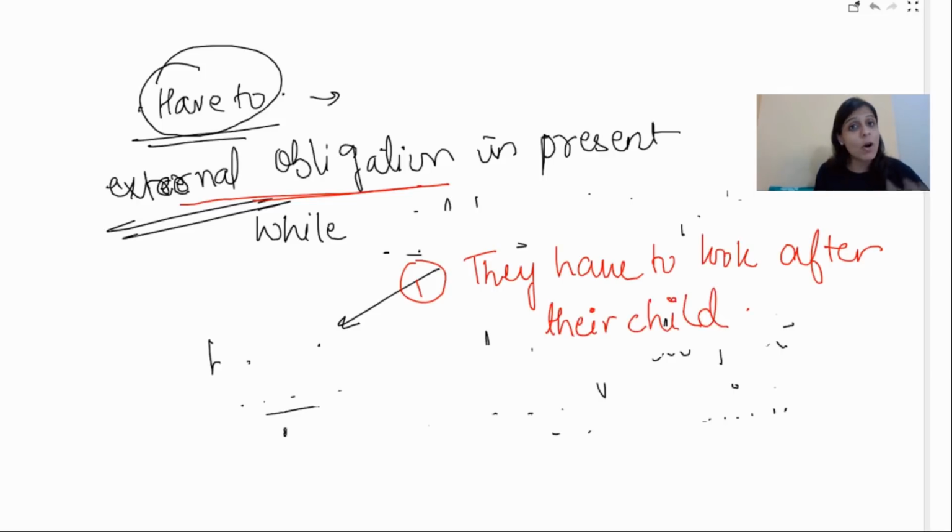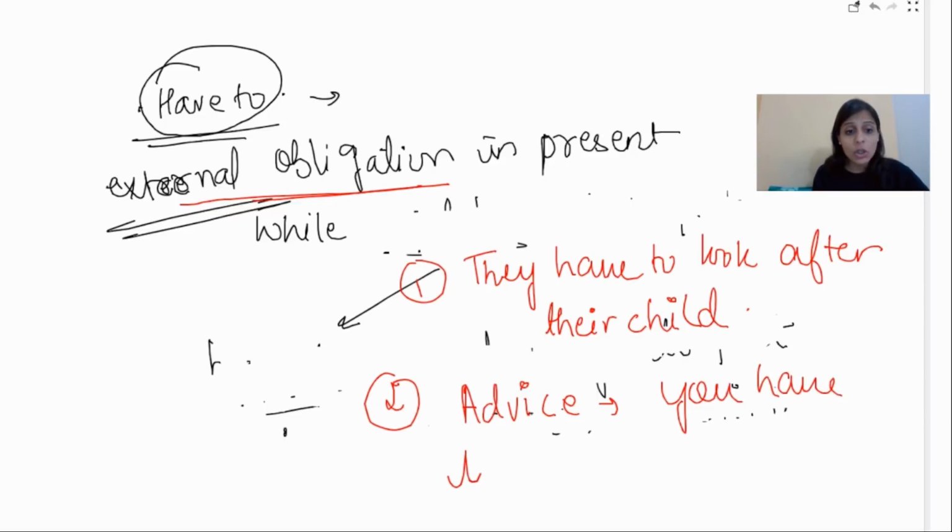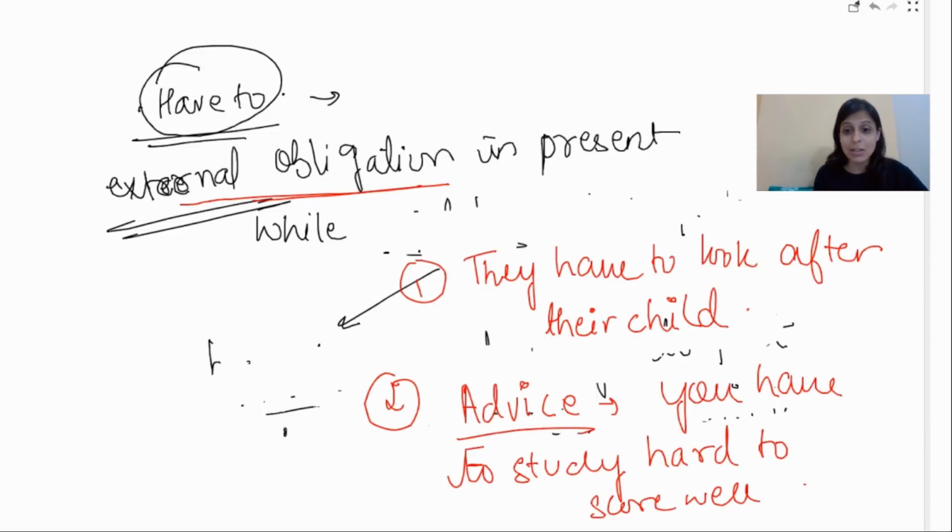It's a basic obligation that society puts on you and you have to do it. You don't have any other option. Second, it is used to give advice. For example, you have to study hard to score well. I think you can use have to in this case also. It's advice, and you have an obligation also.